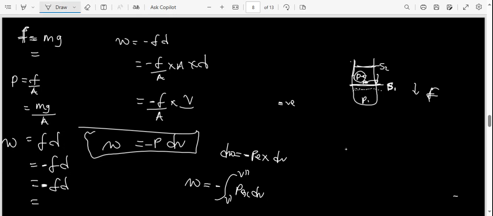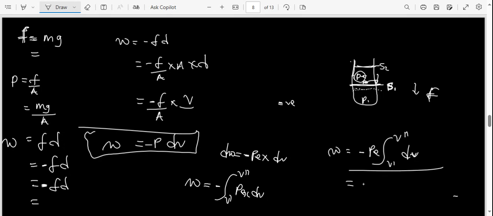What I can do is say work is equal to negative external pressure times the integral of the change in volume, the final volume minus the initial. This is the meaning there. It's just the interpretation. Don't get confused by this integral. Hope that is clear. So we'll leave it like that as the formula for work.